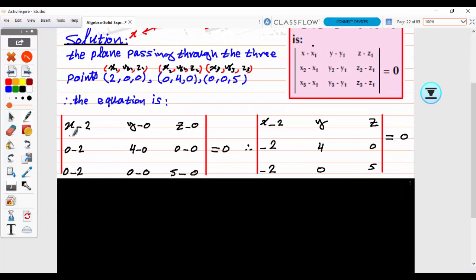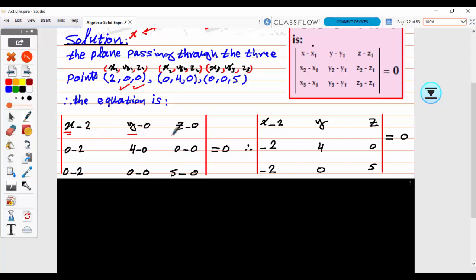So we have x minus 2; in the rule the first element is x minus x1. And here we have y minus 0, such that 0 is y1, where y1 equals 0 and z1 equals 0.